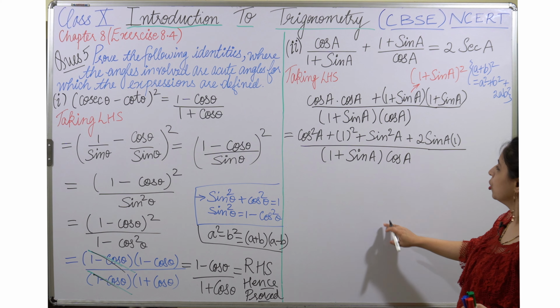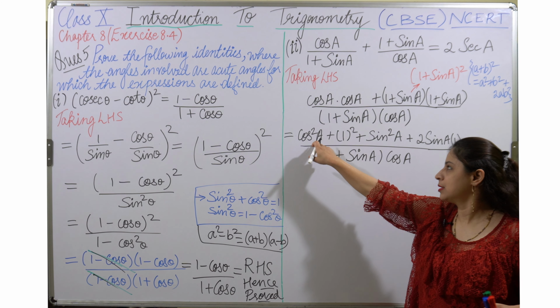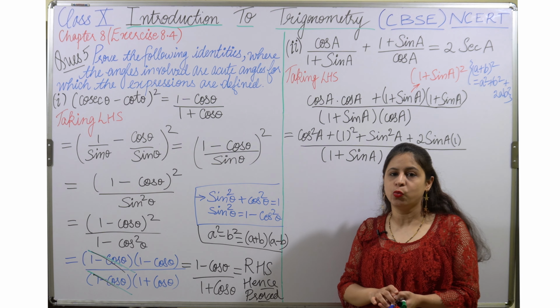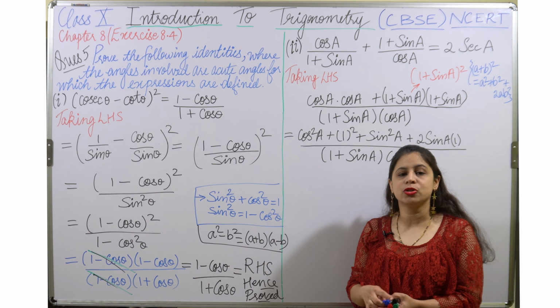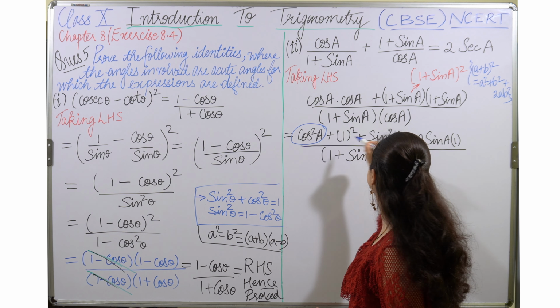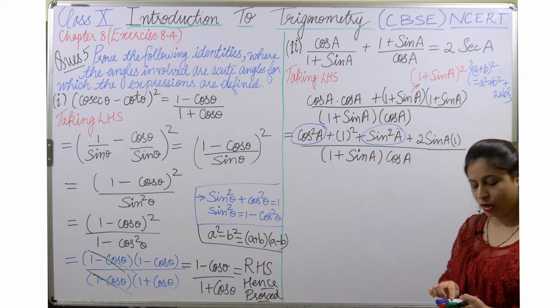Here we can easily see this sin square A and this cos square A. When we combine them, they will be equal to 1, from the first identity: sin square A plus cos square A is always equal to 1. So adding this and this gives me 1.